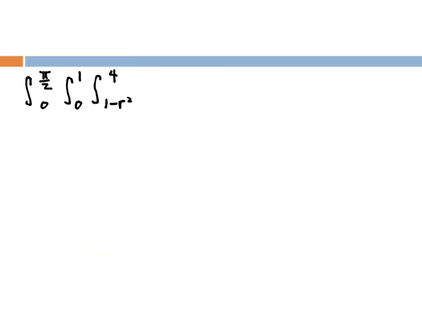Do you have them all in there okay? How do we know that it's 1 minus r squared to 4 and not 4 to 1 minus r squared? 1 minus x squared minus y squared was on the bottom. That's part of it. It's also a smaller value. If my r values are going between 0 and 1, then the values themselves are going to be smaller than the value at 4.